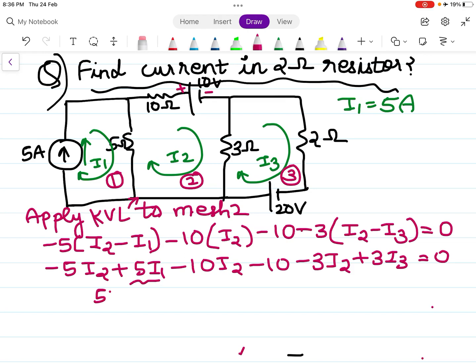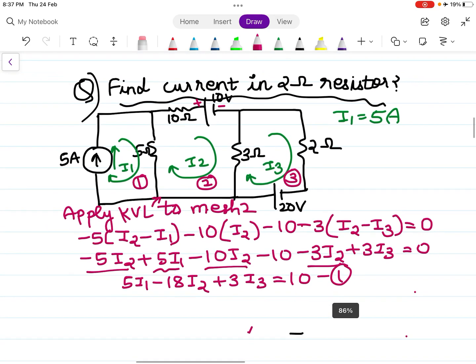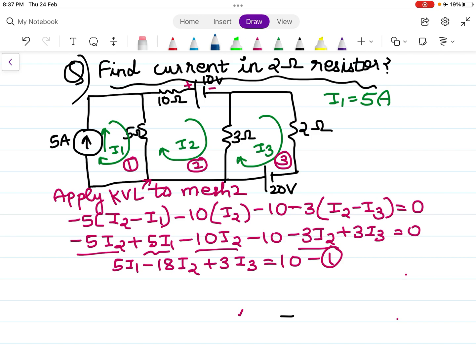So this is I1. So 5 I1 minus 18 I2 plus 3 I3 equal to 10. Equation number 1. I1 is 5, so 5 times 5 is 25.